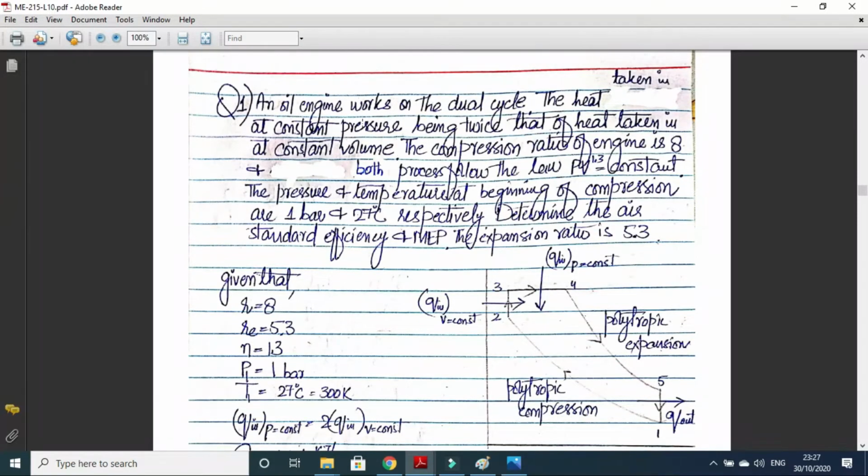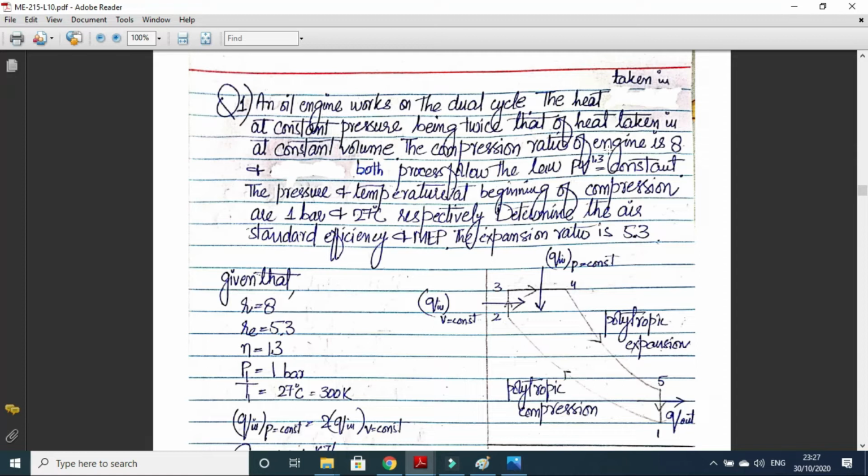An oil engine works on the dual cycle, the heat taken in at constant pressure being twice that of the heat taken at constant volume. So heat addition at constant pressure is twice of the heat taken at constant volume. So Q in P constant will be 2 times Q in volume constant.